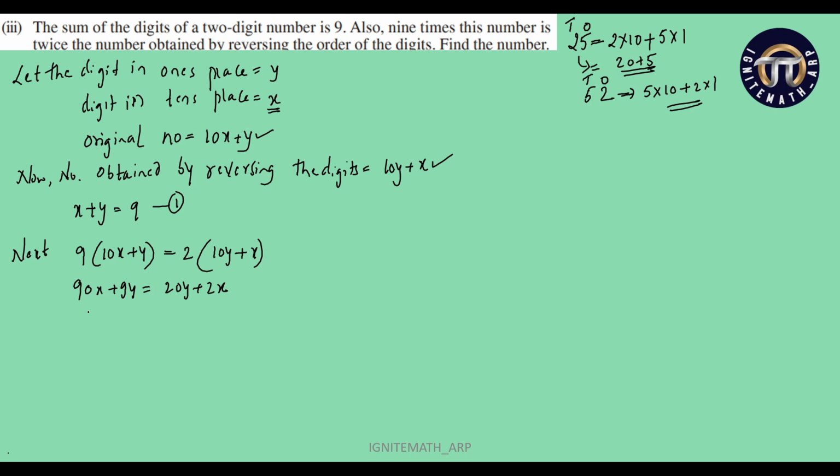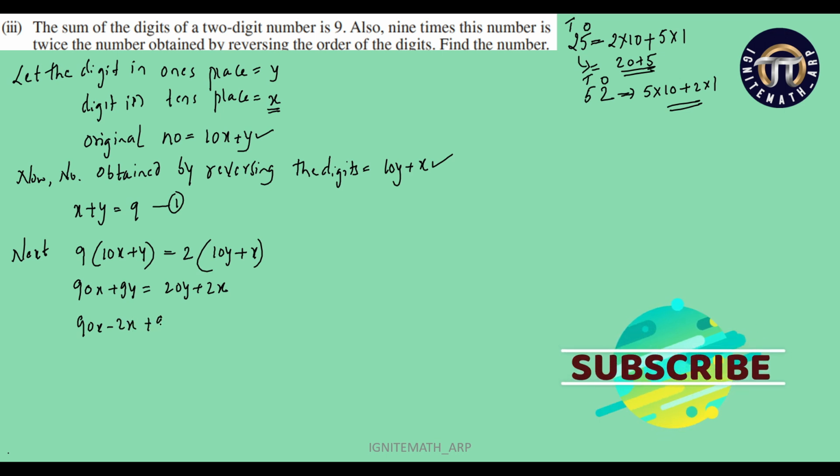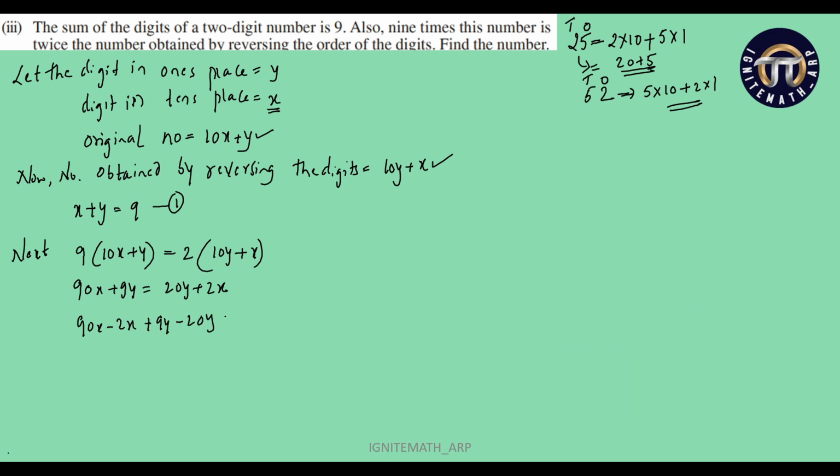So now I'll bring all the x and y together. 90x minus 2x plus 9y minus 20y is equal to 0. Clear, children? You should understand. 9 times this number is twice the number obtained by reversing the digits, so 2 times I have multiplied.